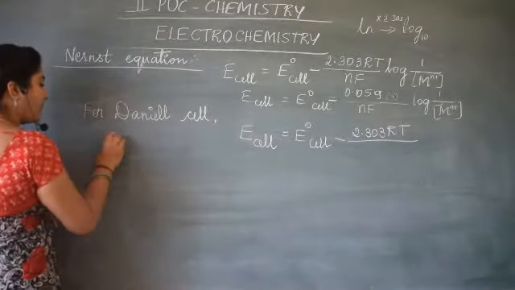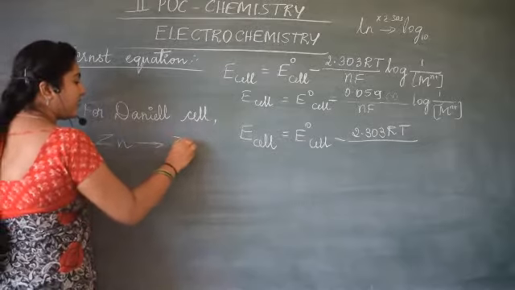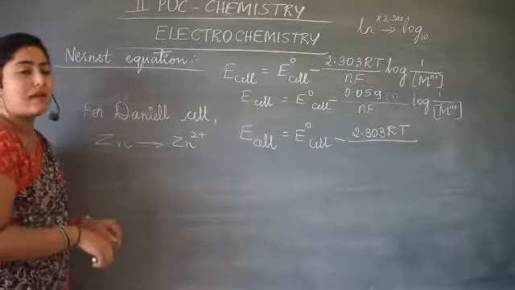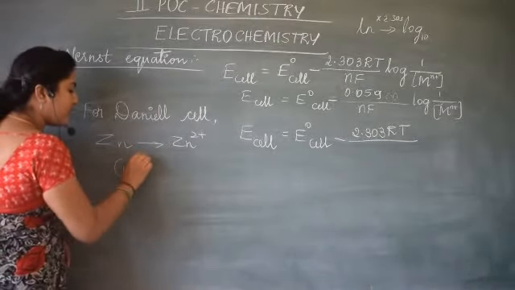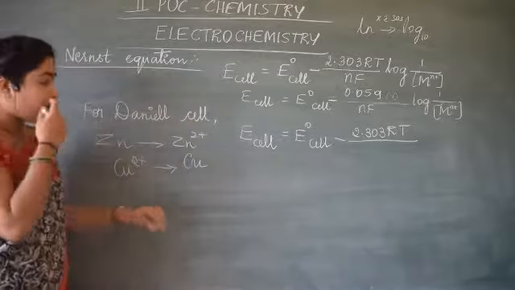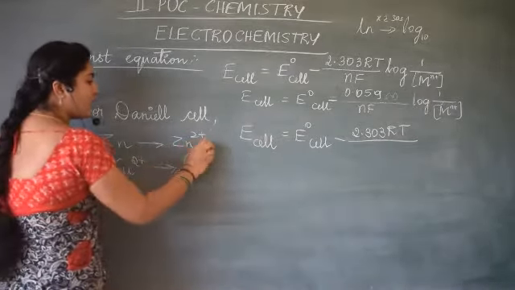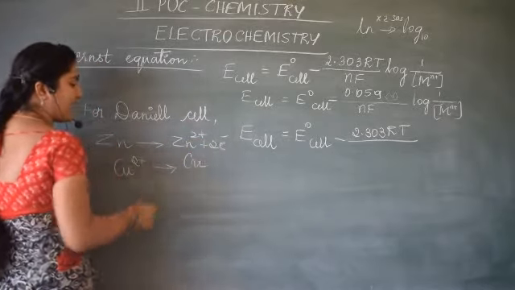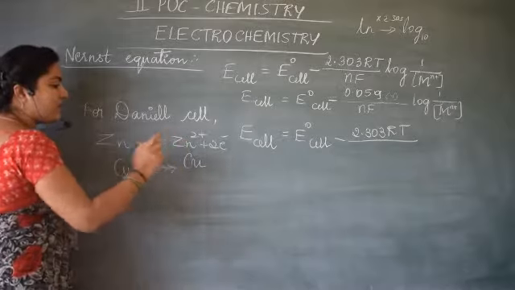Now here we know zinc gets converted into zinc 2 plus, that is Zn2 plus, means zinc undergoes oxidation, whereas copper undergoes reduction. So Cu2 plus gets converted into Cu. So what do we see here? The difference here is zinc loses 2 electrons and becomes Zn2 plus, whereas Cu2 plus gains those 2 electrons and becomes Cu.